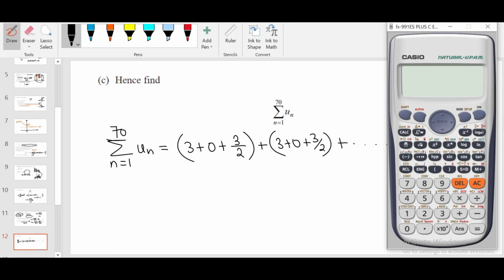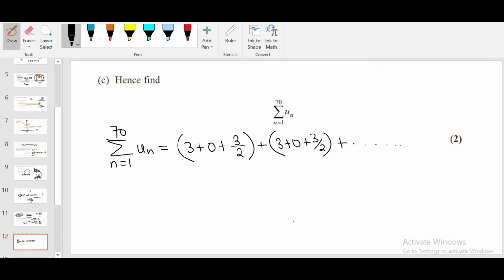You should know how many groups of 3 terms are being repeated. So how many 3's are there? The integer part is 23. So these terms, 3, 0, 3 over 2, will be repeated 23 times. So 23 times 3.